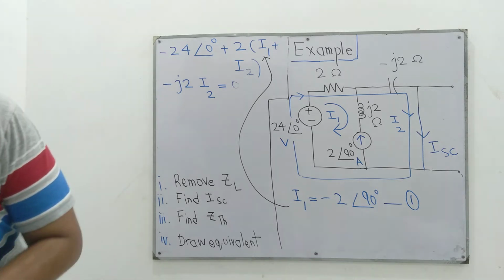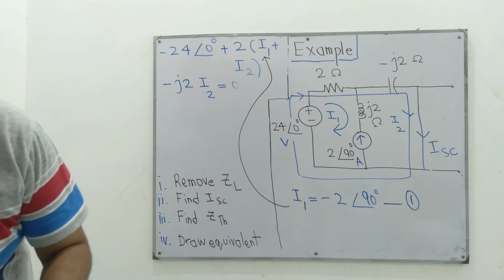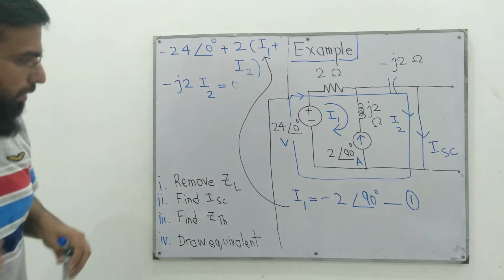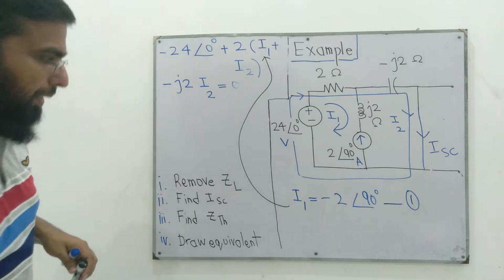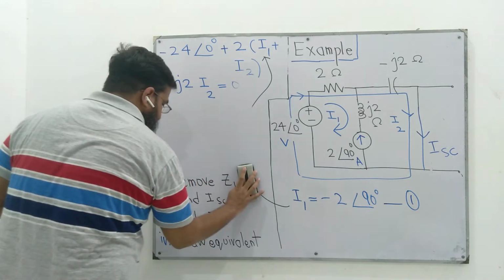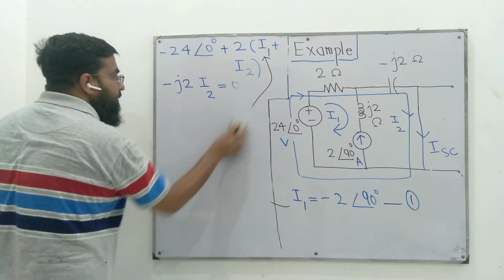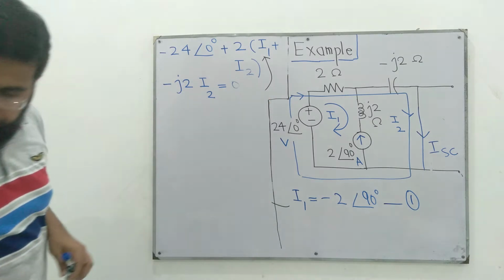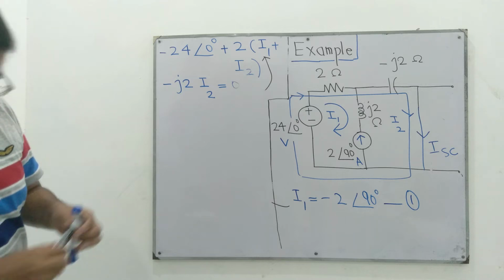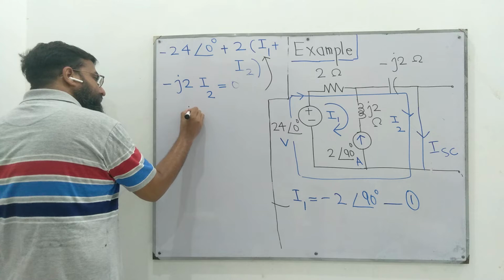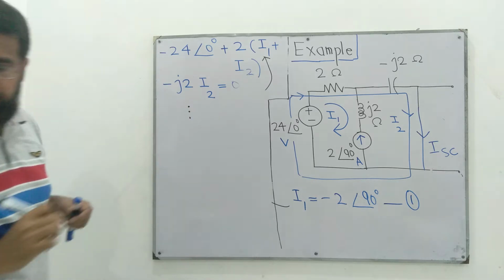In my notes, I have solved it. I have gone through all the mathematics for you and reached the answer for I2. There are some steps which I am omitting here, but they are there in my notes.